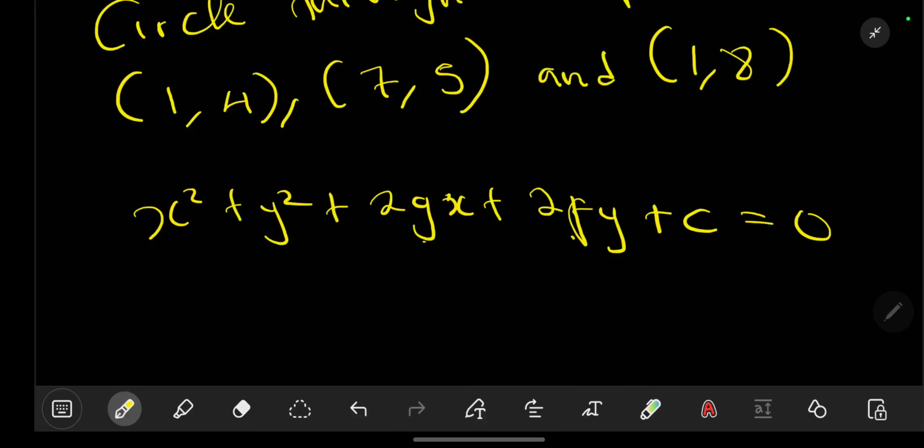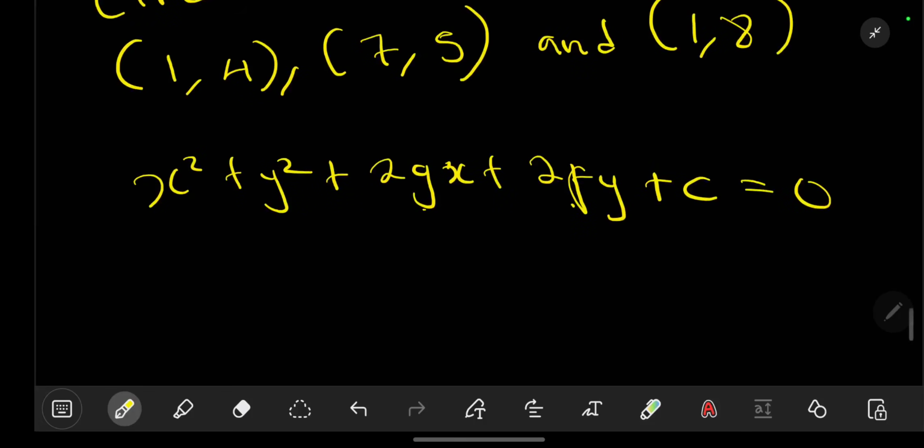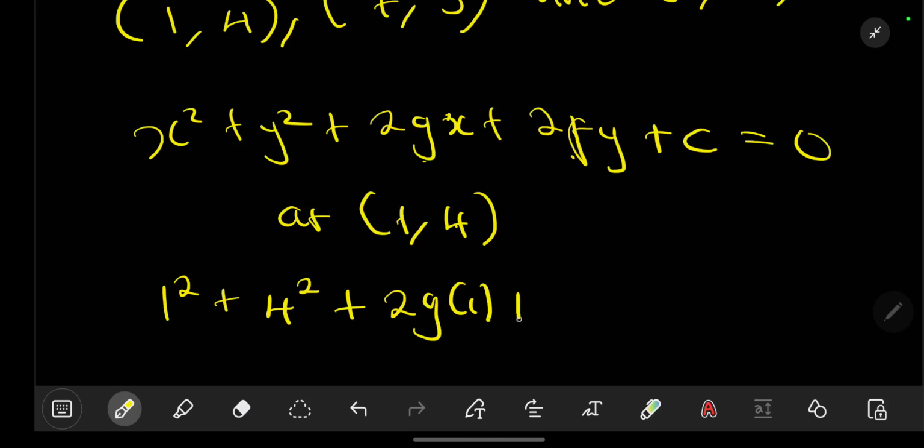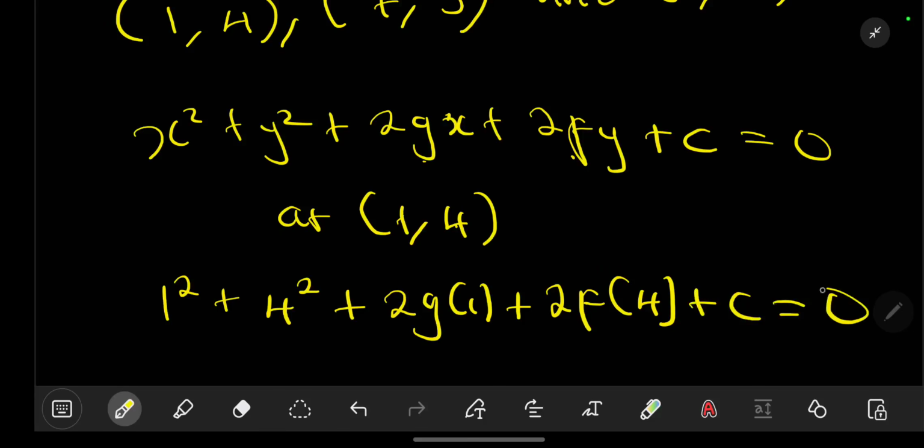Then you just replace. Let's begin with the point (1, 4), so x is equal to 1 and y is equal to 4. We have 1 squared plus 4 squared plus 2g, where there is x we put 1, plus 2f, where there is y we put 4, plus c equal to 0.